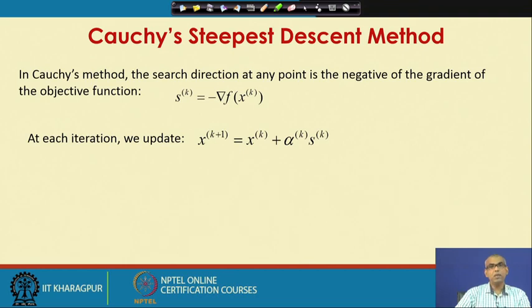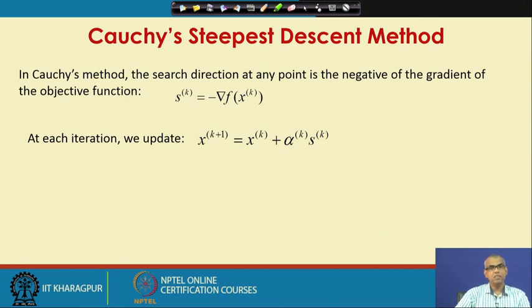It is one of the simplest methods, and this method is very efficient when I start my search away from the minimum point. But as we get closer and closer to the minimum point, the rate of convergence decreases.